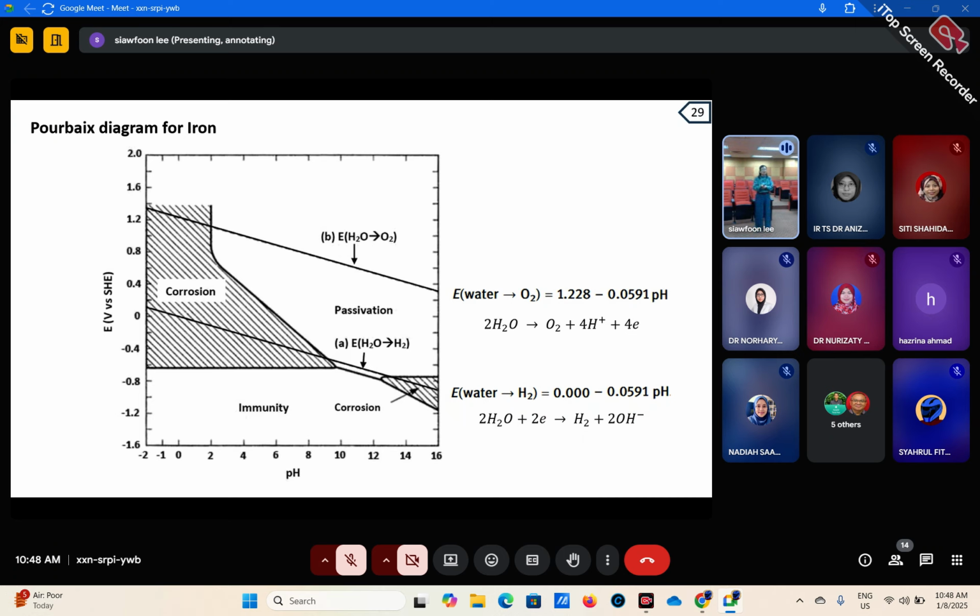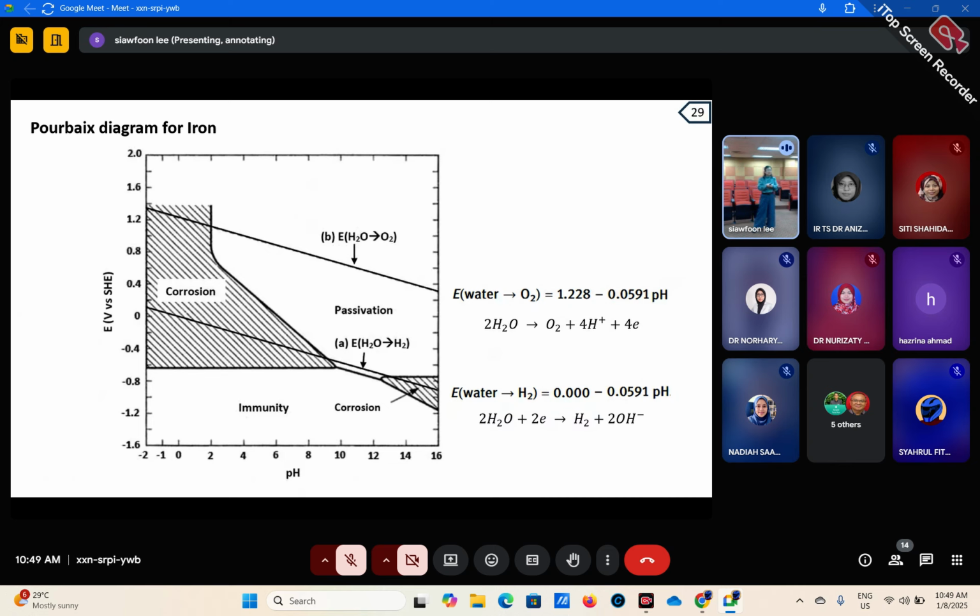From this line above, the water will change to oxygen. And you know that oxygen is one of the components needed for rust to happen. So if you apply the potential here, you think, okay, I will passivate my steel, but actually you generate a lot of oxygen, and the oxygen will cause the rust to happen.